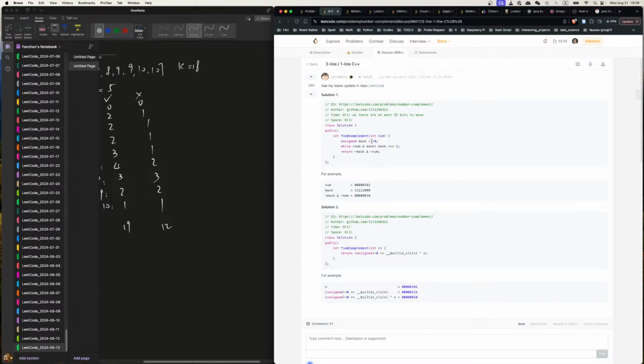Mask. This is to flip everything. Wait, what's this? This is flipping everything, right?